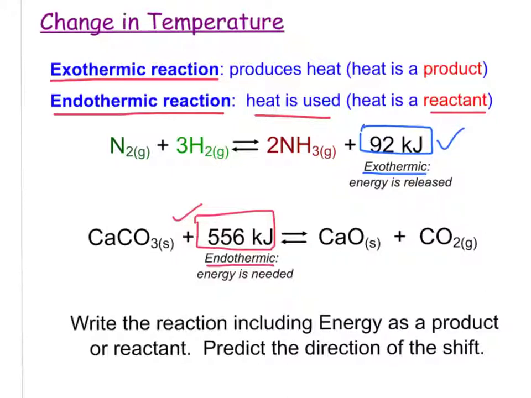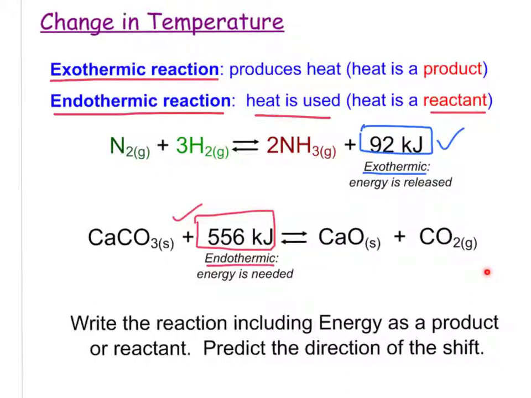So the first step in looking at what happens in an equilibrium reaction when you change the temperature, first look, is the reaction exothermic or endothermic? Then when you write the reaction, include the energy as either a product or reactant, just like we did right here. Then we can predict the direction of the shift. So how do we predict the direction of the shift? It's just like we did for concentration.